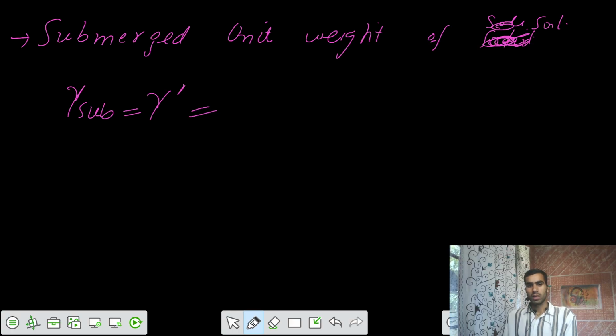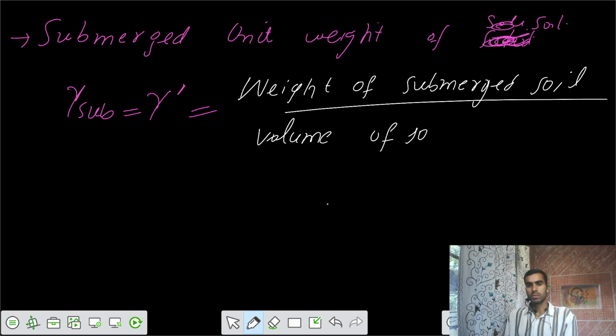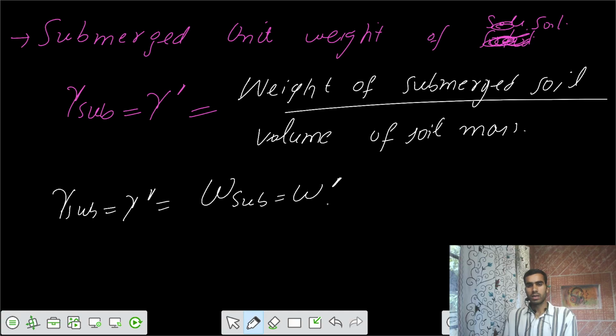This is actually the weight of submerged soil divided by the total volume of the soil mass. So we can say this is your gamma submerged, or gamma dash, that is, submerged weight W dash divided by total volume.